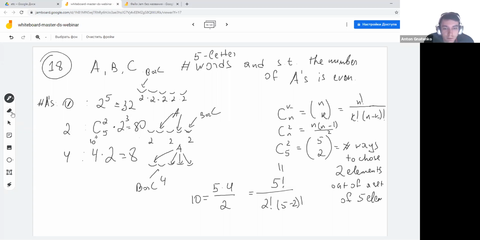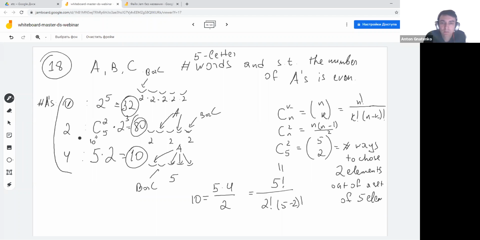There were, of course, 5 positions. Indeed, there were 5 positions. So there are 5 ways to choose the position which will get B or C, and others will have A on them. So there are 5 positions times 2, it's 10. And now what we need is just to add these 3 numbers, because they refer to different cases.